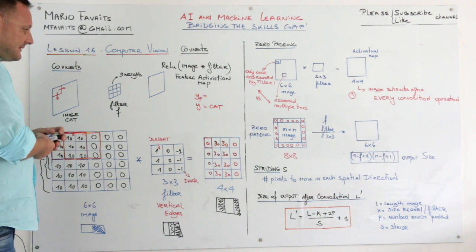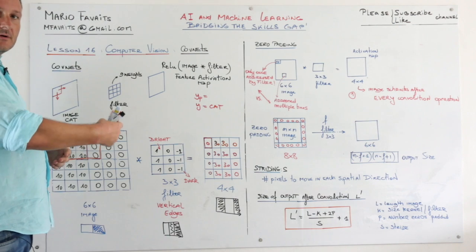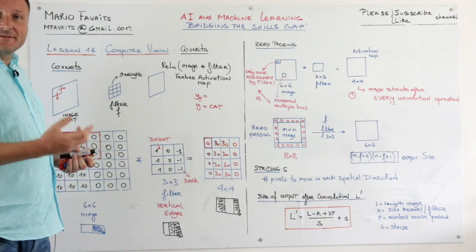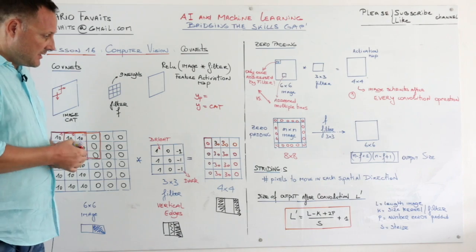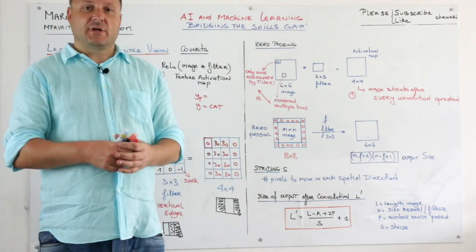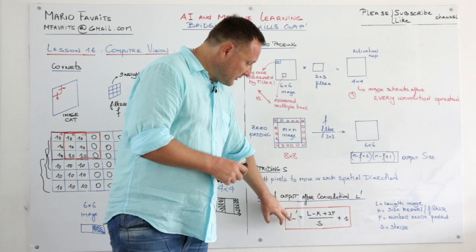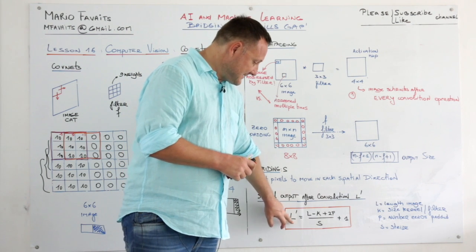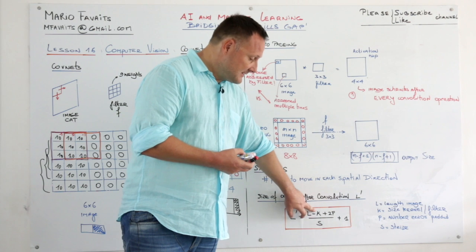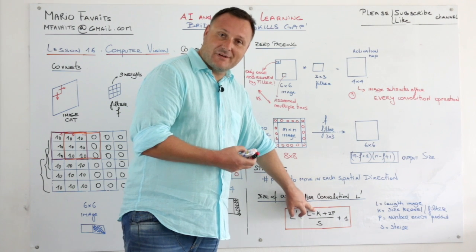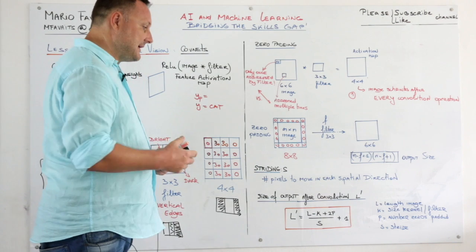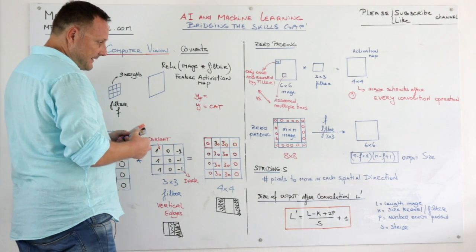Striding, we have seen, is the number of steps you take every time you move your filter in a certain spatial direction. So this is the formula per spatial direction. The length of your output image is the length of your input image minus the size of the filter, and then plus 2p, and p is the number of zeros padded.